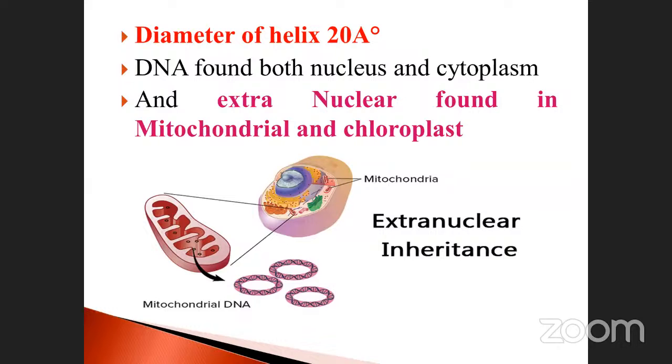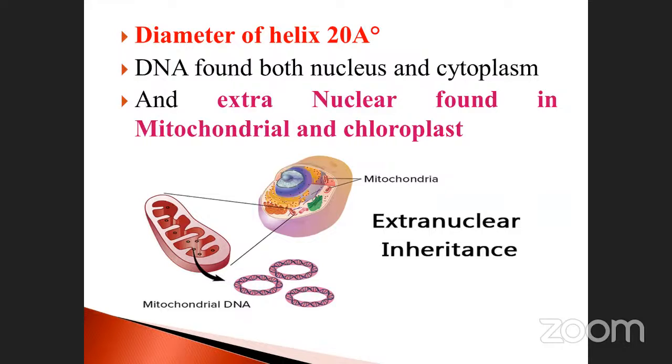Not only that, some of the other organelles, such as mitochondria as well as chloroplast, also have DNA. The DNA is not found in the nucleus only. Apart from the nucleus, some cell-bound organelles also contain DNA molecules.